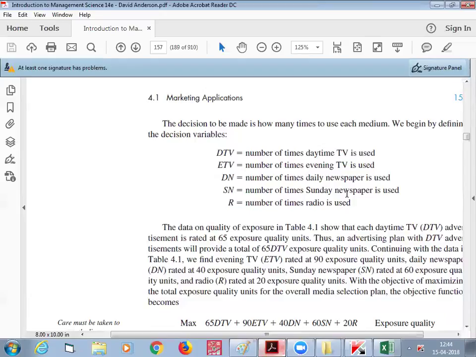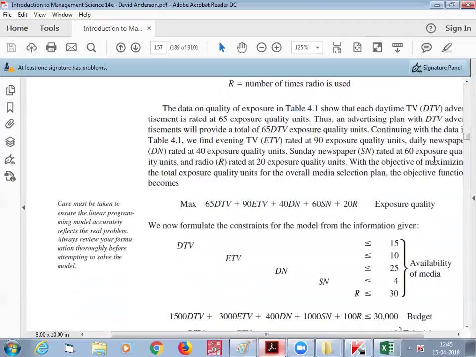Exposure quality is what we're taking as the objective. The exposure qualities are 65, 90, 40, 60, and 20. So total exposure quality is 65 DTV + 90 ETV + 40 DN + 60 SN + 20 R. That's the total exposure quality which we're trying to maximize.